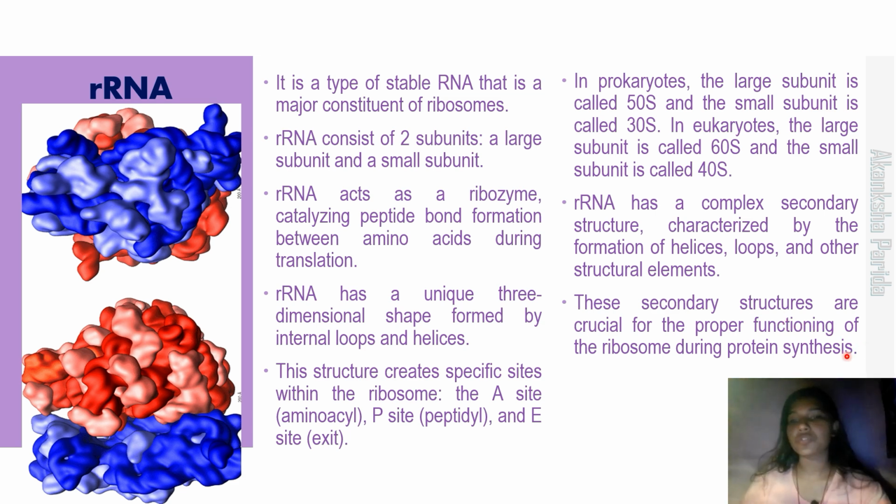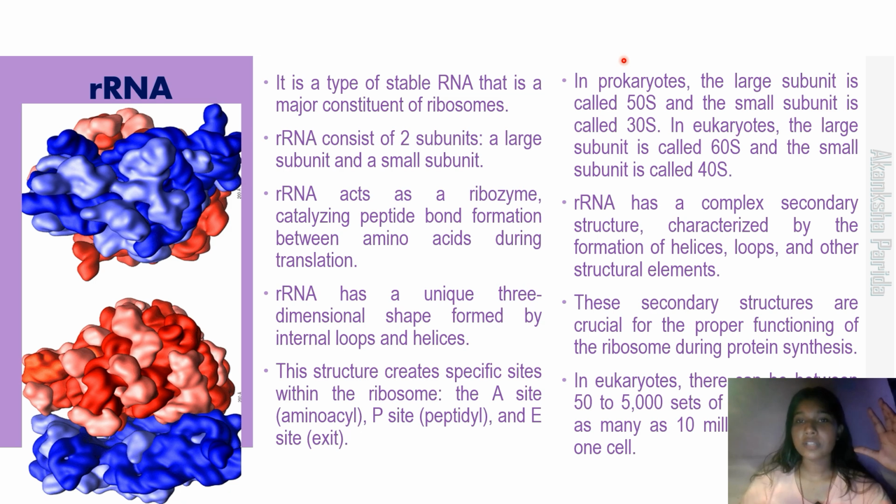These secondary structures are crucial for the proper functioning of ribosomes during protein synthesis. Prokaryotic cells typically have fewer sets of genes, but in case of eukaryotes, there are 50 to 55,000 sets of rRNA genes, that is equal to 10 million ribosomes in one cell.